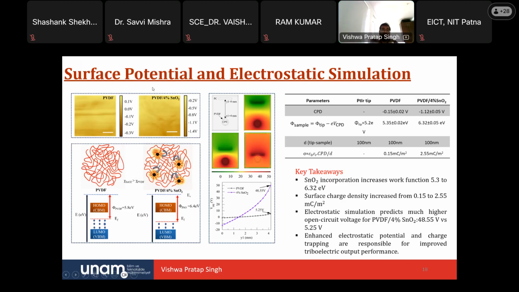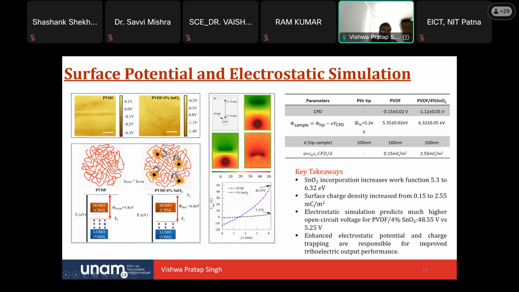So we also did this surface charge potential measurement for the electrostatic simulation to understand how the material is behaving after reinforcement of this SnO2. So we did the KPFM. We come to know that the CPD has enhanced in the negative direction.